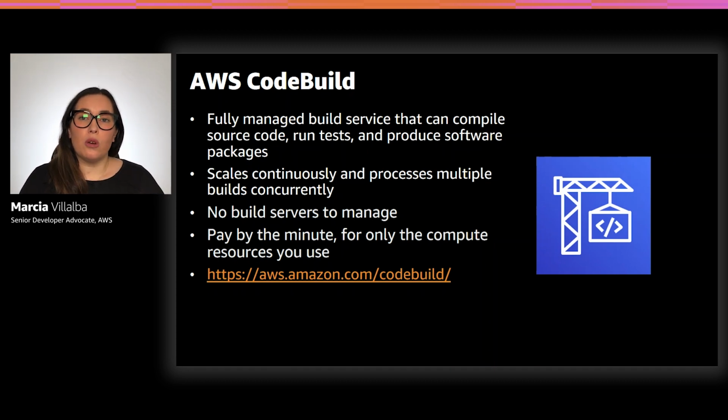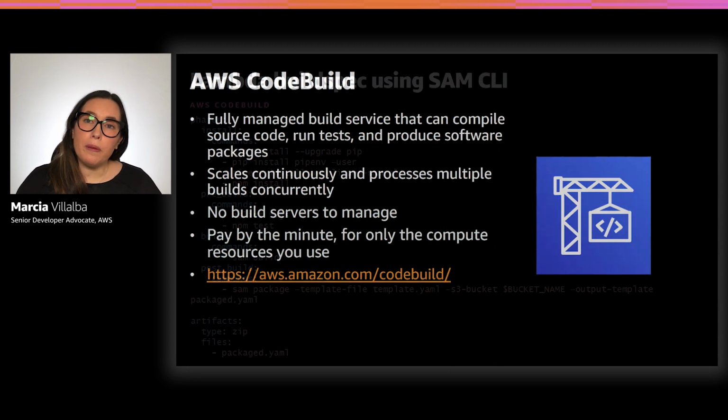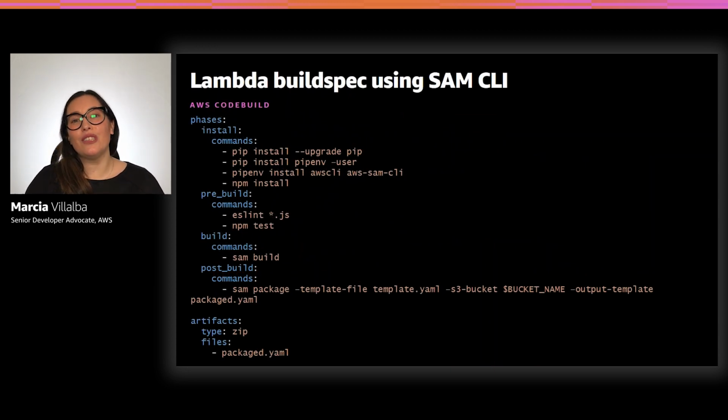When you get started with CodeBuild, you will get a basic container image that is empty, and then you need to install all the things that are required. So if you're using CodeBuild with SAM, you need to create, in the root directory of your SAM application, a file called buildspec. And in there, you need to write all the steps that CodeBuild needs to do in order to create this artifact. This is an example of one application.